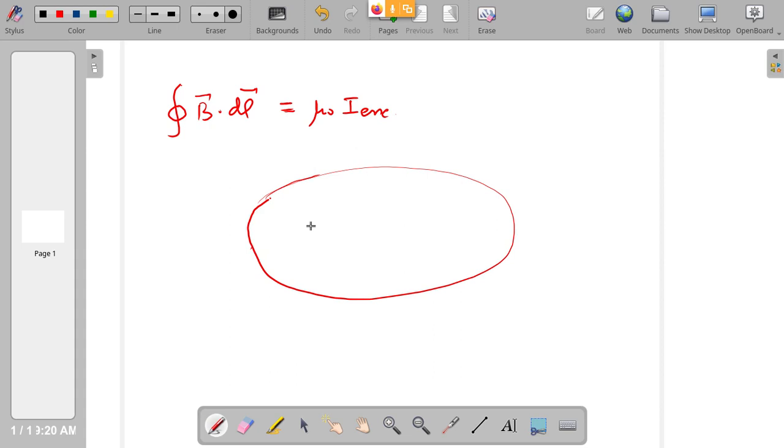The magnetic field, due to any current element or wire passing perpendicular to this loop, you have to take B dot dl. That is the tangent direction, the magnetic field direction.